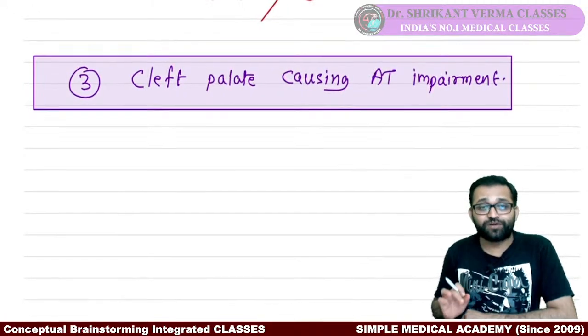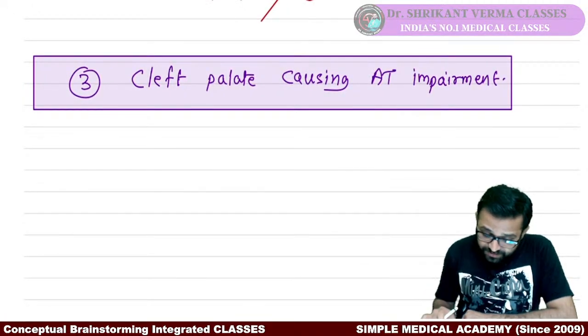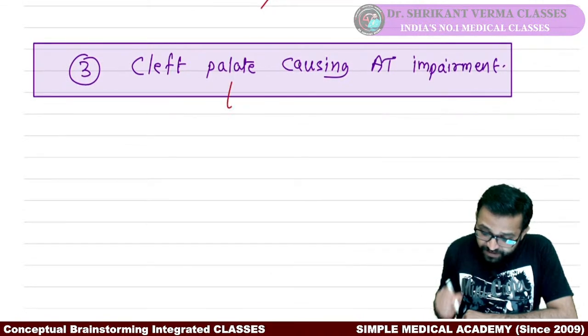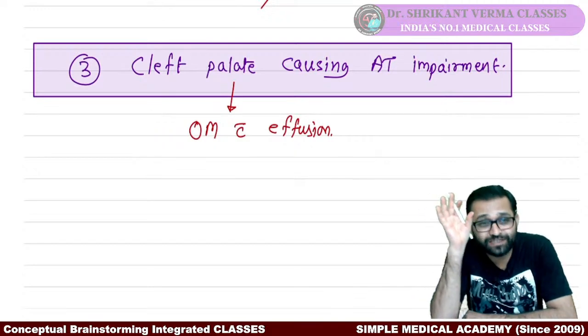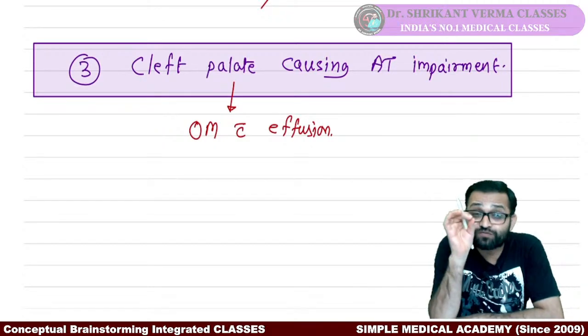So this is the point which you can remember. Yes, see here, this cleft palate is causing otitis media with effusion. It is leading to otitis media and there is accumulation of effusion.